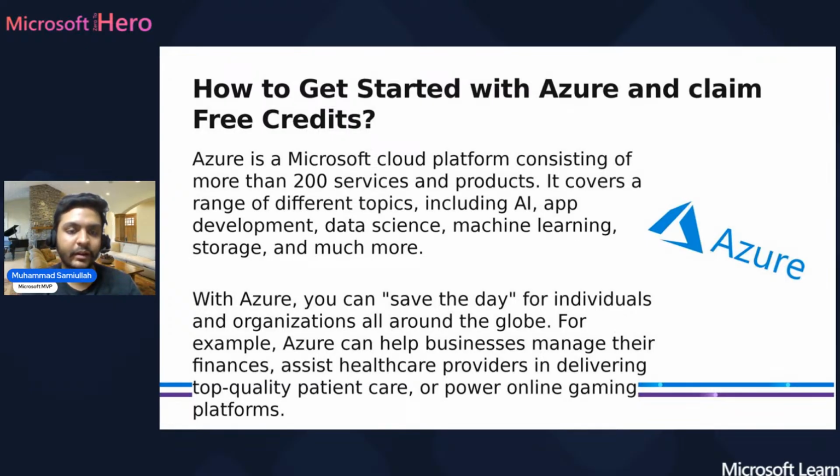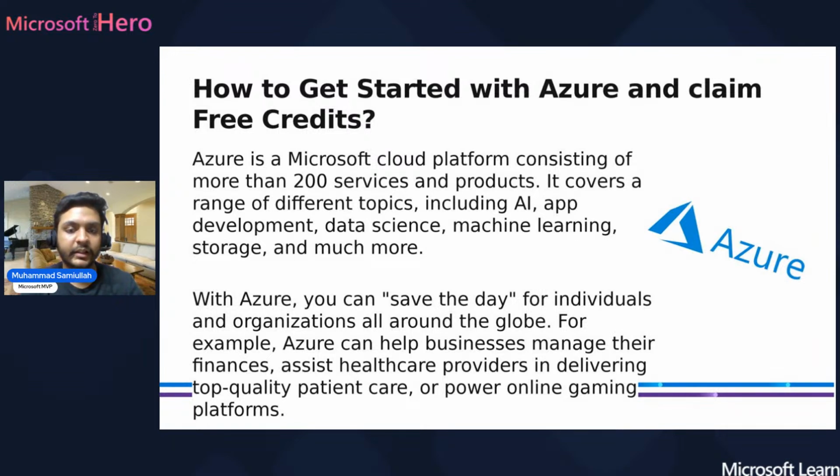So Azure is a cloud platform everyone knows, and it has growing services. It has around 200 services plus, and it covers a range of different topics. AI, nowadays we have AI Foundry that is used for AI agents, and all of these topics are covered in Azure.